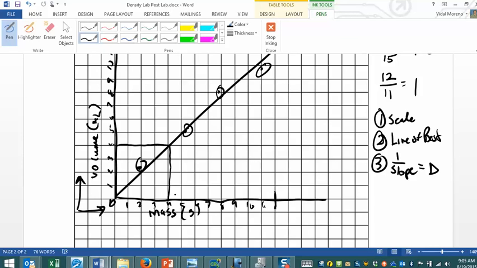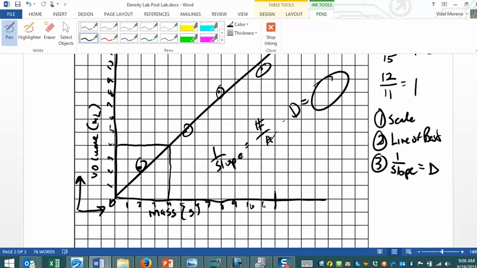So find the inverse slope, and I want to see this calculation actually on the graph. It's number divided by number, and that gives you density, and I want to actually see it calculated, because if you got it wrong, this calculation could be closer to the true value than your average.